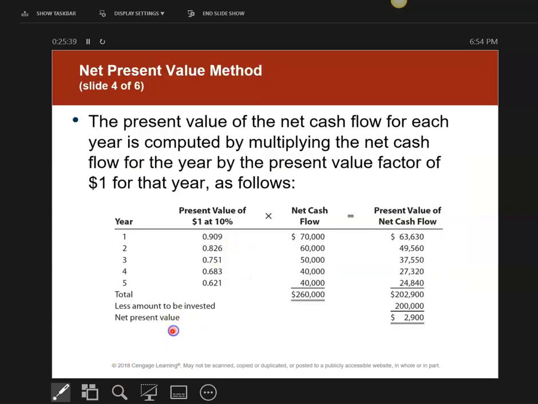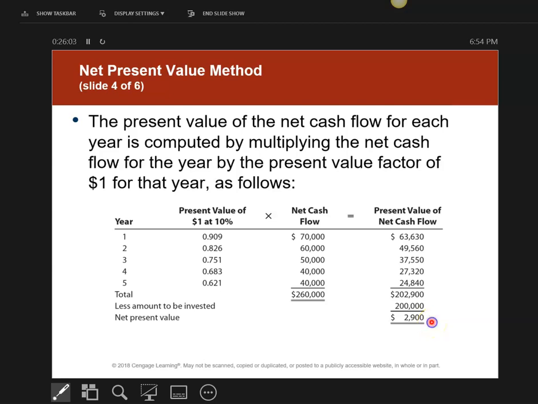Okay, so here we're back. And so as I multiply across, when I'm done, now we know it's going to be $260,000 cash flow coming in over 5 years, but the present value of that $260,000 that I'm going to get over the next 5 years, today it's only worth $202,900. Then I subtract how much I'm going to invest, and it has a positive NPV.